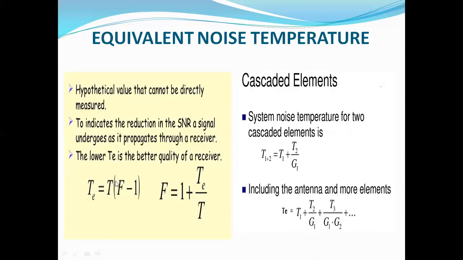Noise temperature is T0 times noise figure minus 1. Similarly, noise figure is basically 1 plus T upon T0. And if we have a number of devices cascaded, the equivalent noise temperature T is basically T1 plus T2 upon G1 plus T3 upon G1 G2. Similarly, if we have a number of devices, it will go like that.